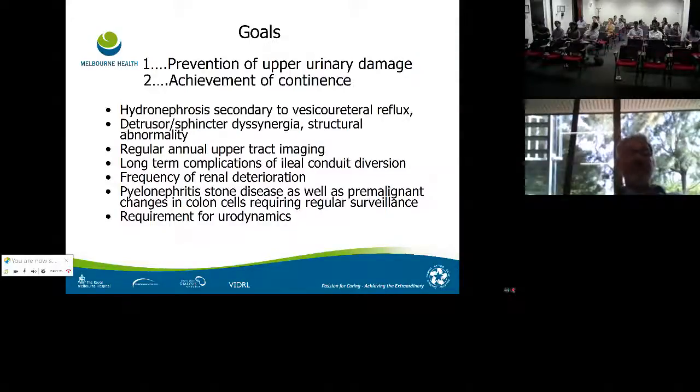There can be stone formation in the kidney as well as in the bladder, and pre-malignant changes in colon cells due to contact with urine, and commonly as well as the problems of pus damaging the bladder and leading to an increased risk of urological cancers as well. And again, to question the need for urodynamics.